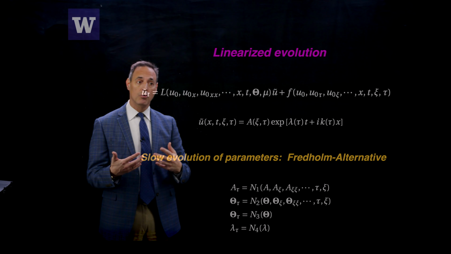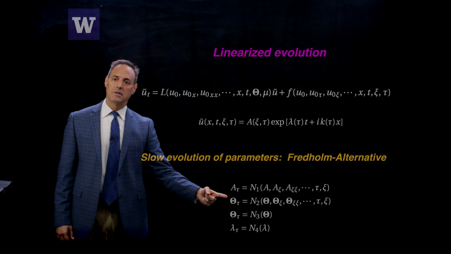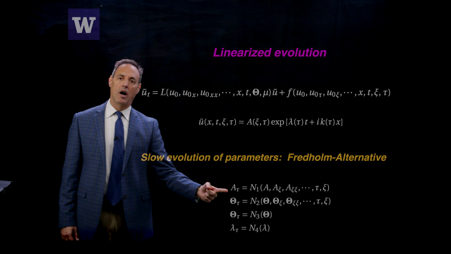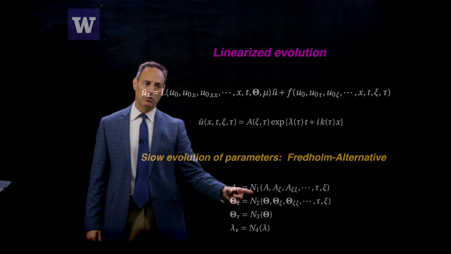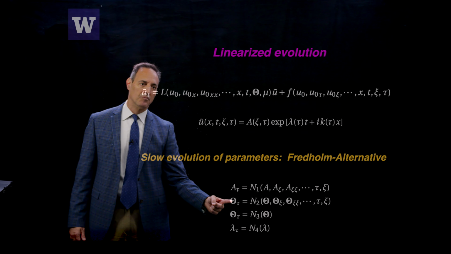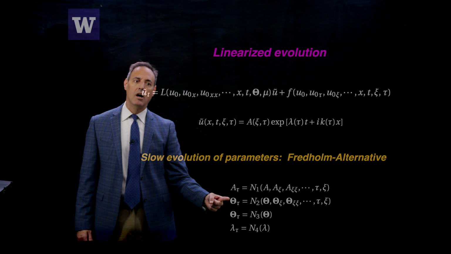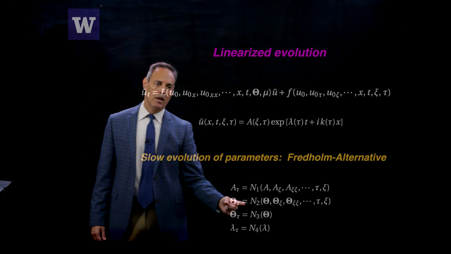What it's going to do for you, the Fredholm alternative will actually impose, for instance, evolution dynamics on the amplitude there. A of tau is going to be some evolution. This evolution is basically enforcing that the Fredholm alternative theorem holds. Or more broadly, any of your parameters theta also are going to have some kind of slow evolution enforced.